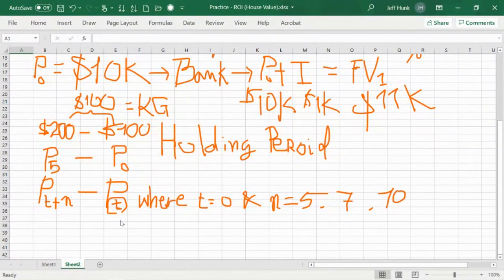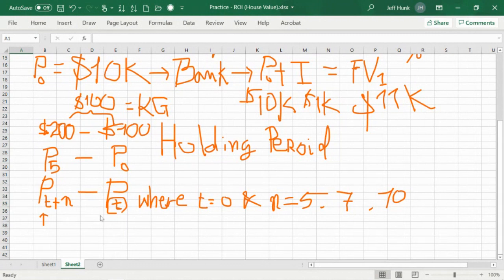Then we can assume a situation where P0 was $1,000, and if n is 10, that's going to be 10 years later, right? 10 years later, the price, and we enter the data for 10 years later there, the price of the stock.